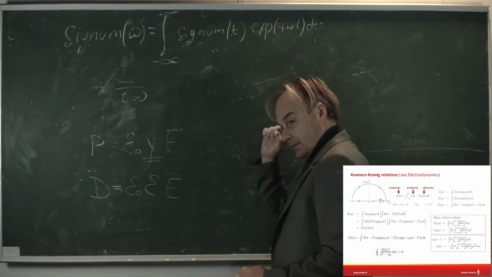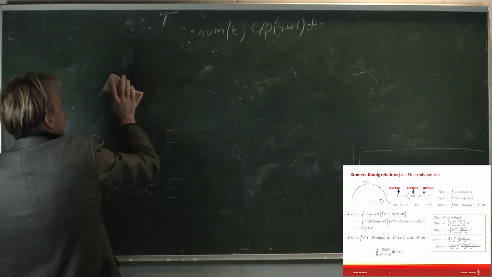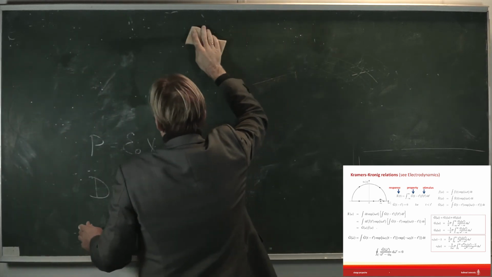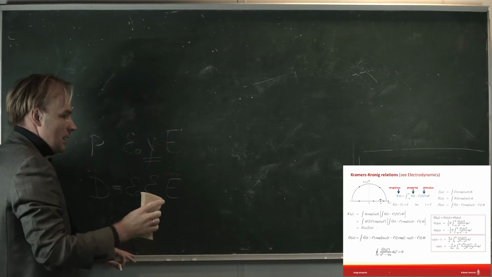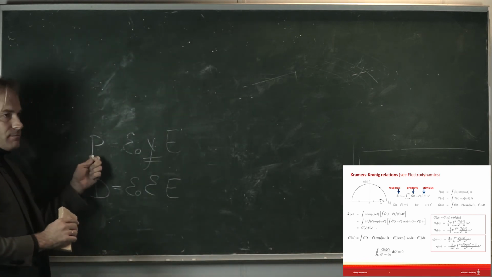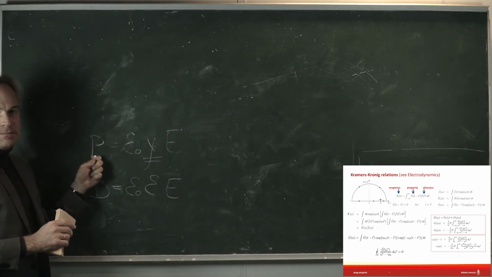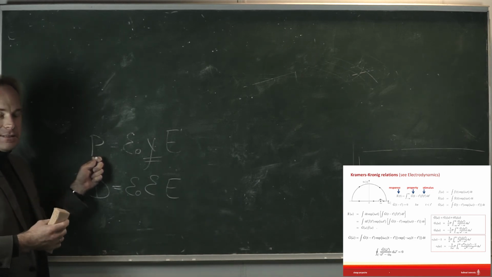As I emphasized at the very beginning of the derivation, causality can be applied only to the force and the response defined such that the product gives the energy of interaction. If this is not the case, we cannot use the principle of causality.